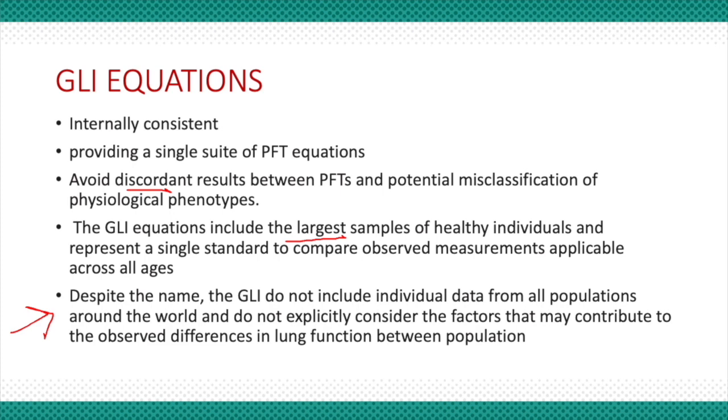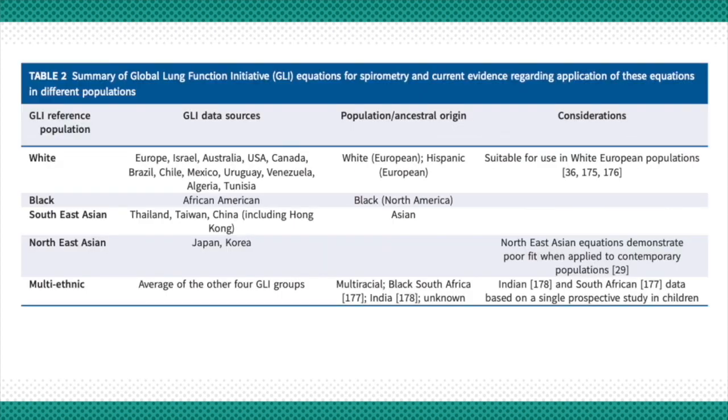And what the recommendation society did was that for all those countries where they did not get good data, they actually derived data by taking an average of the rest of the reference populations.